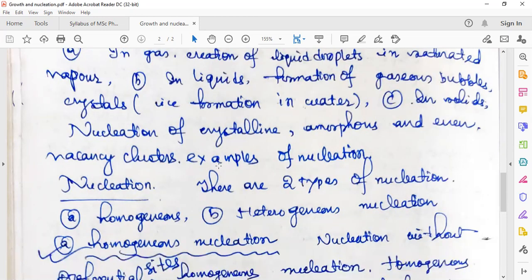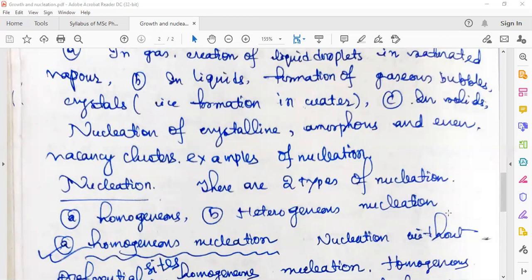Then in solids also nucleation can happen. Nucleation of crystalline, amorphous phases and even vacancy clusters are examples of nucleation. So in solids also nucleation can happen, as in nucleation of crystallites.